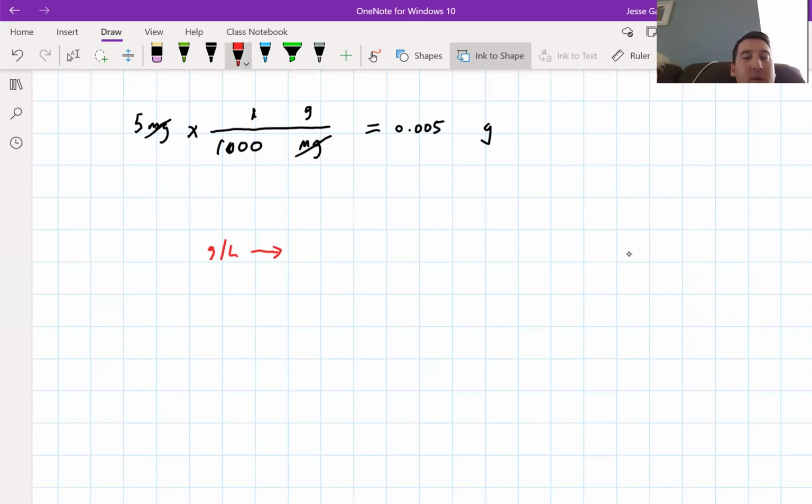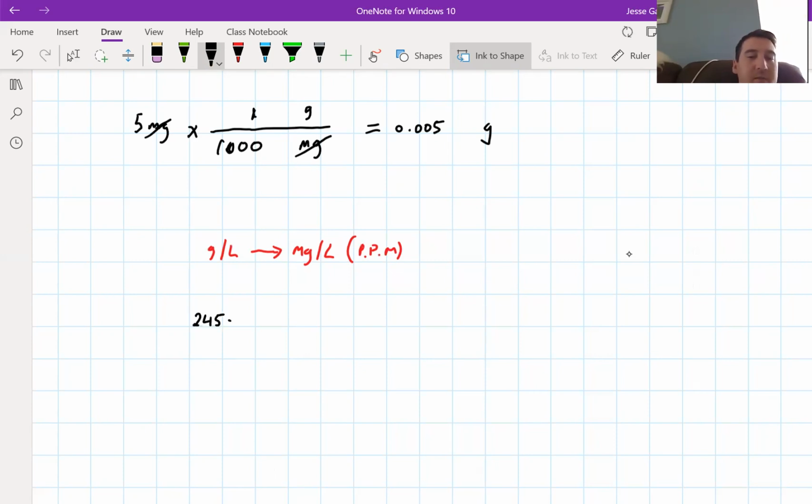Now, what do parts per million mean? It means milligrams per liter, so in ppm. So that's how I plan out my problems. I'm going from grams per liter to milligrams per liter. So let's say, for example, we were asked to convert 245 grams per liter to milligrams per liter. The first thing I do is start by writing down what I have.